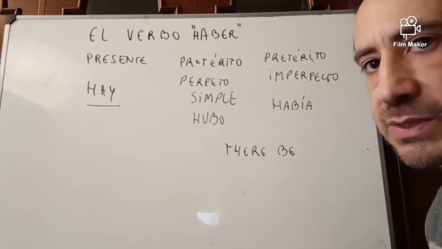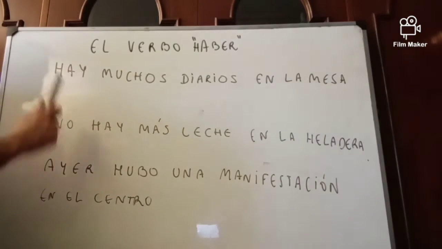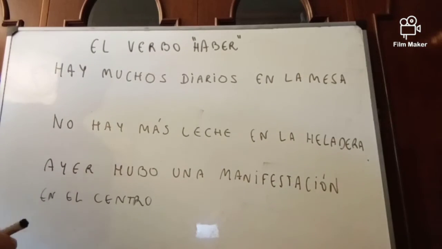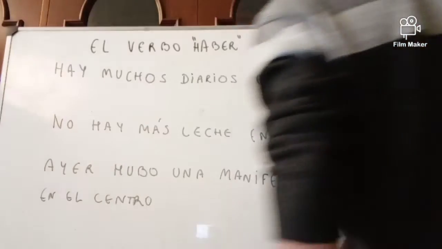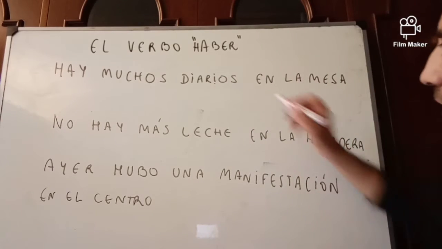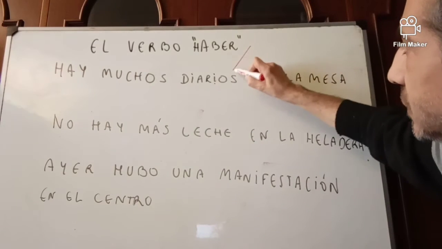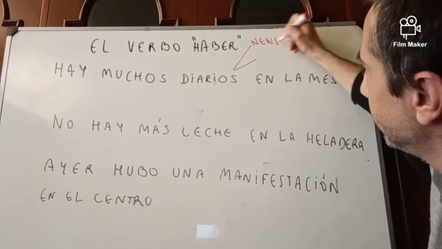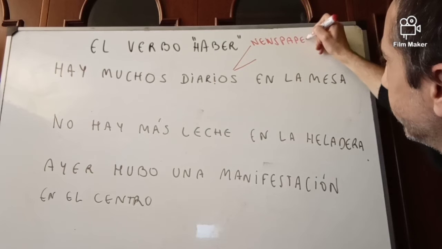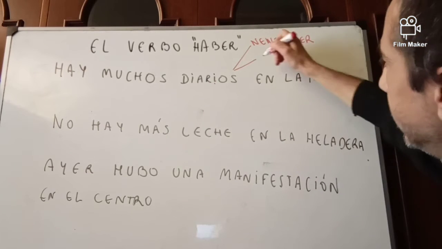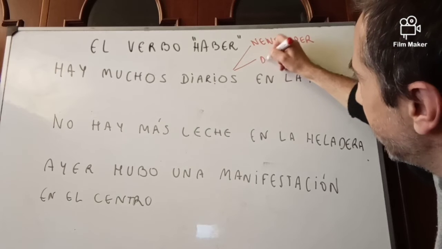Let's see some examples. Let's see the first one. Hay muchos diarios en la mesa. New words here, diarios. This is a fake friend because in Spanish it has two meanings. Newspaper, as in this case, and diary.